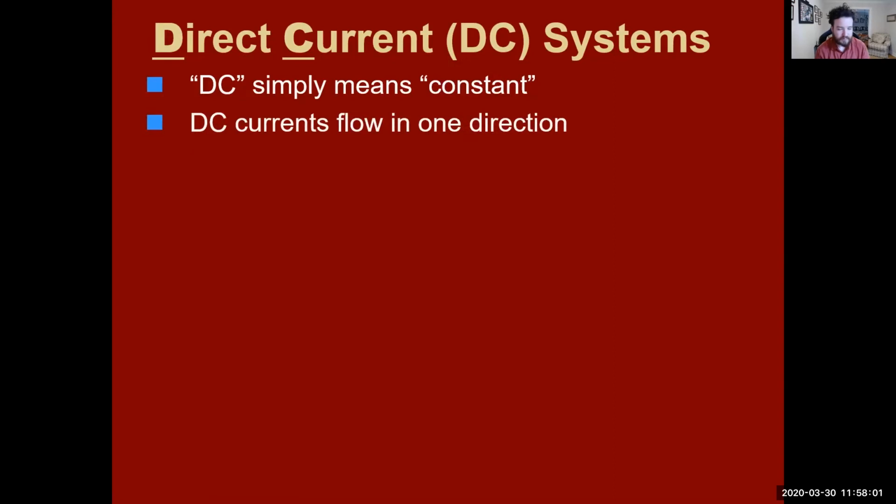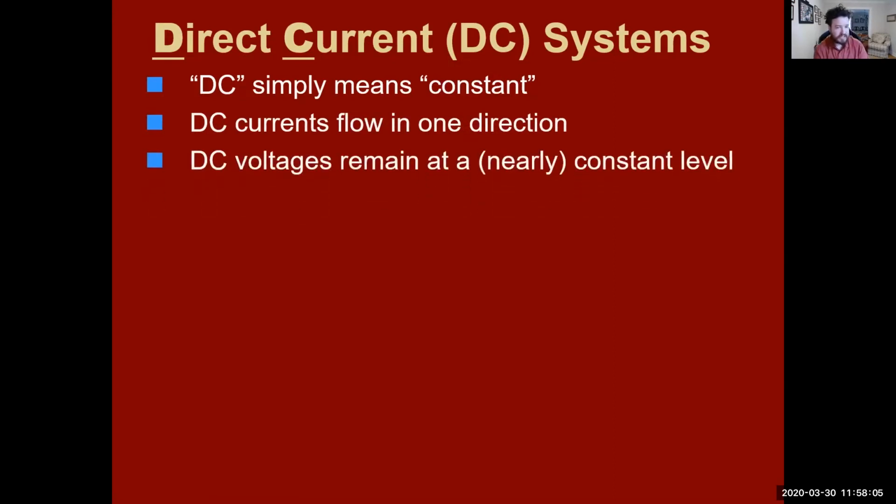So as we go through, we have direct current, or DC current. DC basically means constant. It's a constant flow. It flows only in one direction. The DC voltage remains at a near constant level.